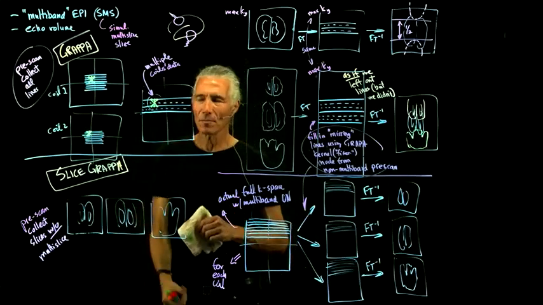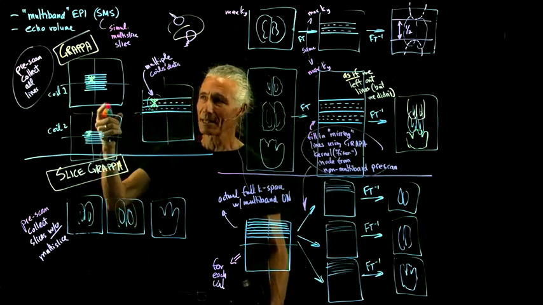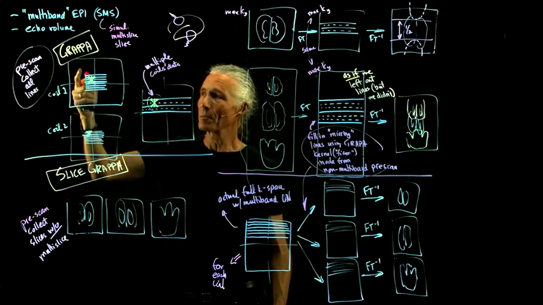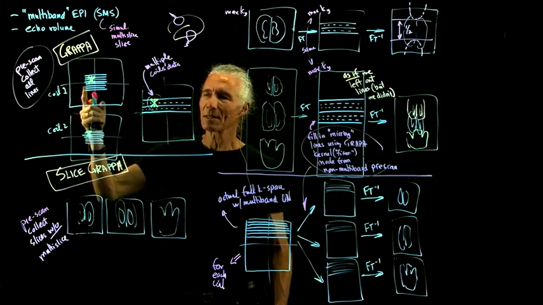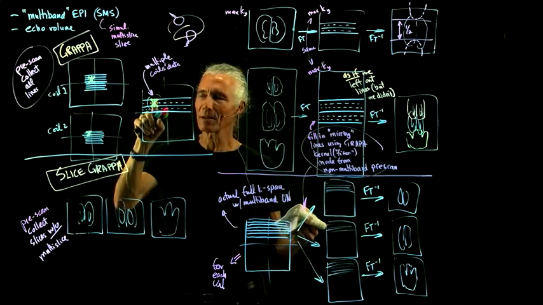One thing worth mentioning is that all these methods are collecting extra scans. So you're collecting scans at the beginning of GRAPPA, and those scans are used to fill in every single data point that you later collect.